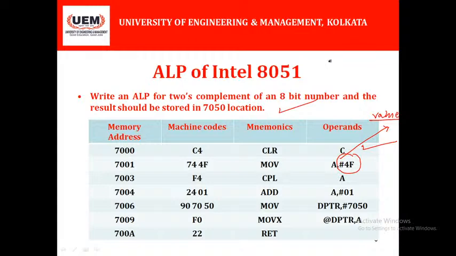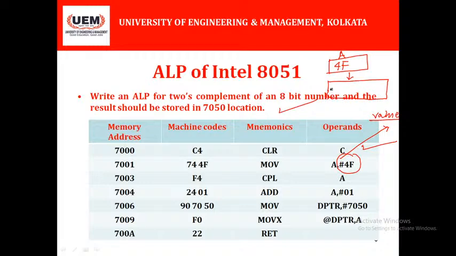So MOV A, #4F means in the A register we are going to store the 4F value. Now CPL A, we are going to make a complement of 4F.